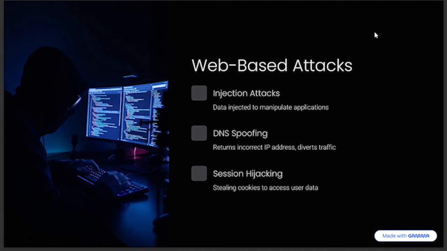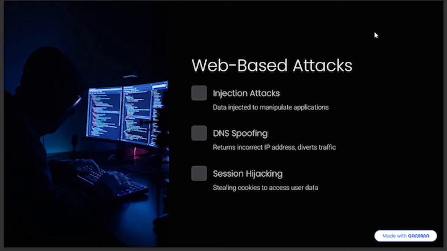So now let's look at web-based attacks. Web-based attacks are attacks which occur on a website or a web application. So these are the kinds of attacks. We have the injection attack.